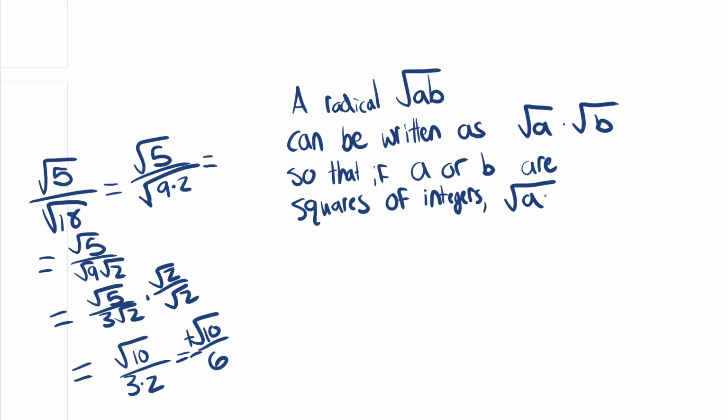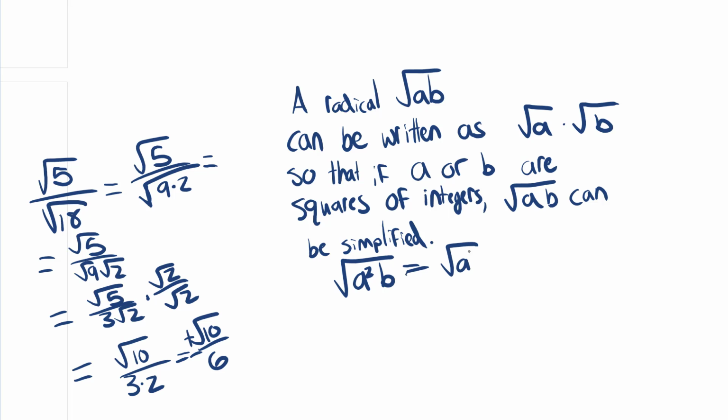Radical A B can be simplified. And if we write that in math terms, then it would be square root of A squared B, which is the square root of A squared times the square root of B, which is A root B.